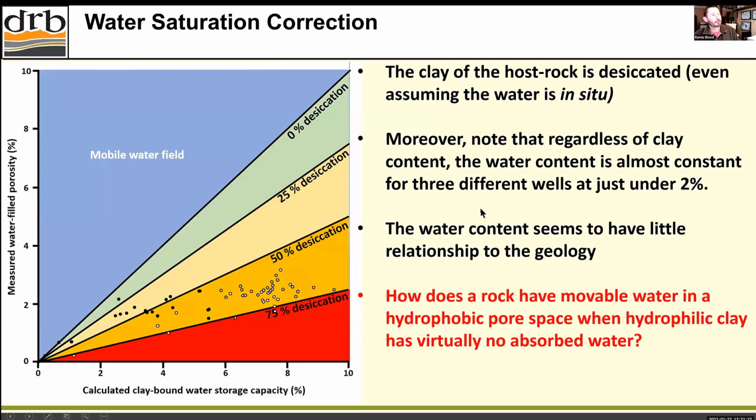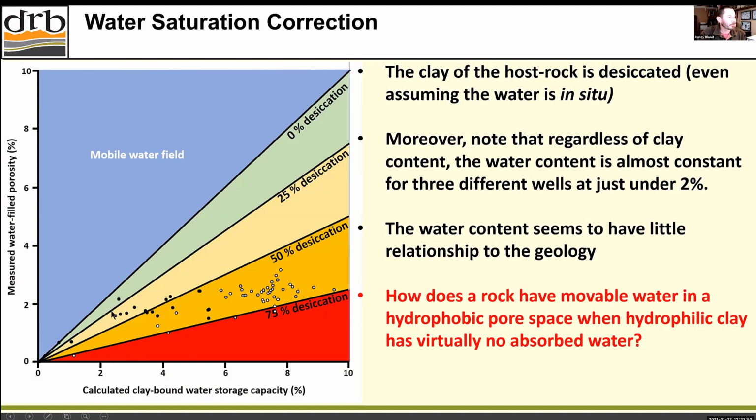The last thing to look at is the clay fraction of these rocks. Anywhere we look in the Marcellus, across the basin, the host rock clays are desiccated, which means if we measure the amount of water that's in the rock and we calculate how much water can be stored in the clay systems, we're always seeing a scenario where there's less water in the system than can be held by the clays.